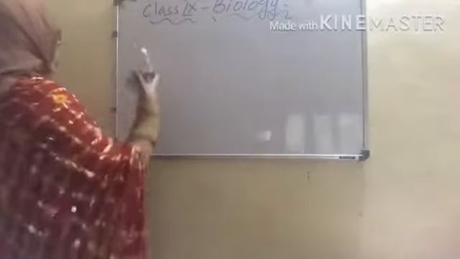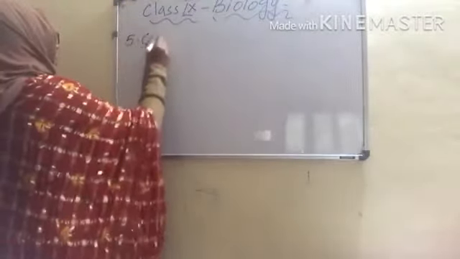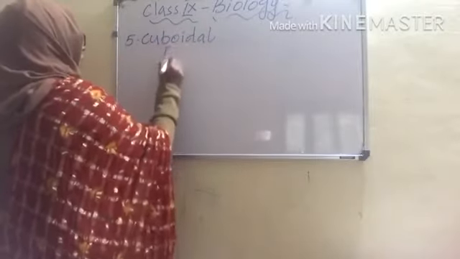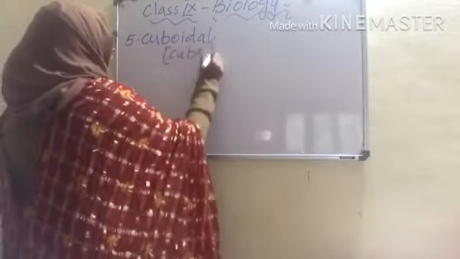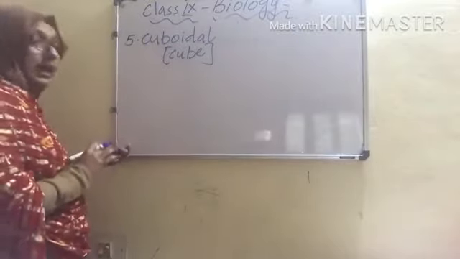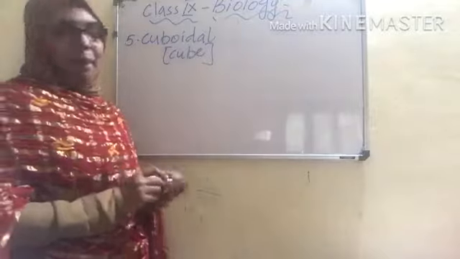Okay, now the fifth one is, I have to write, right? So, the fifth one is cuboidal epithelium. The epithelium is more or less cube in shape. That is meant for mechanical support.